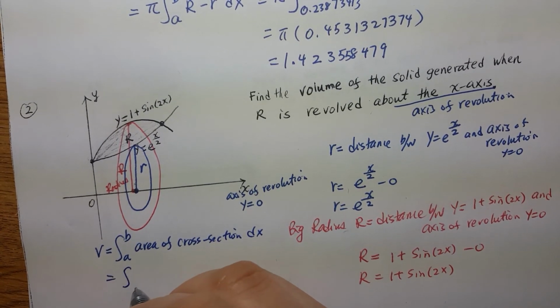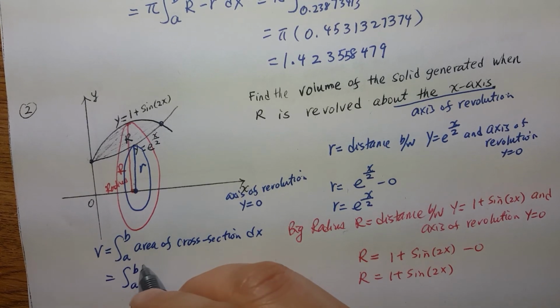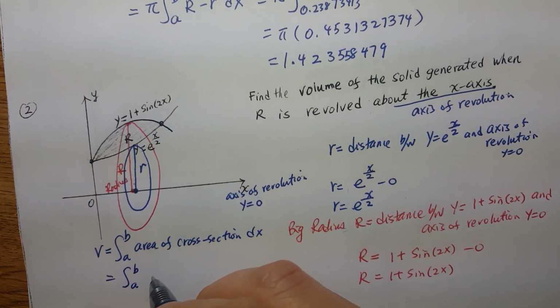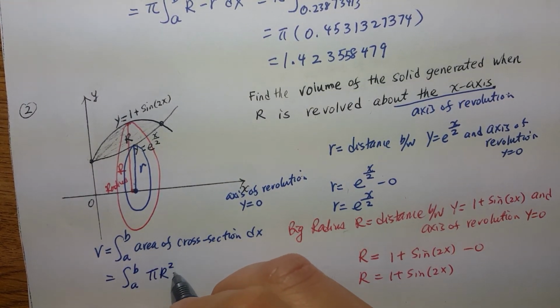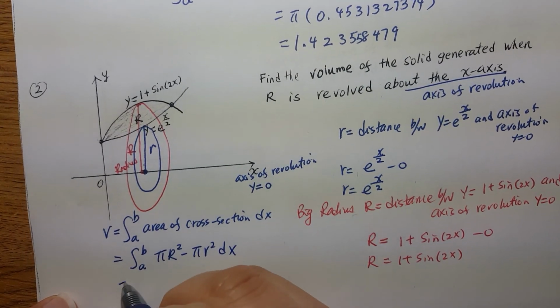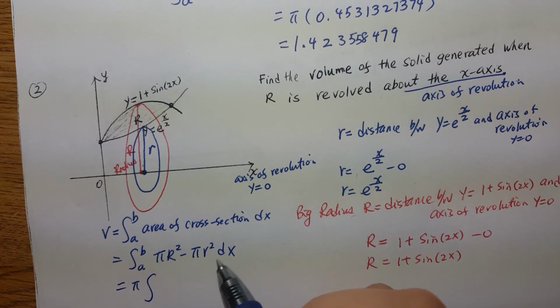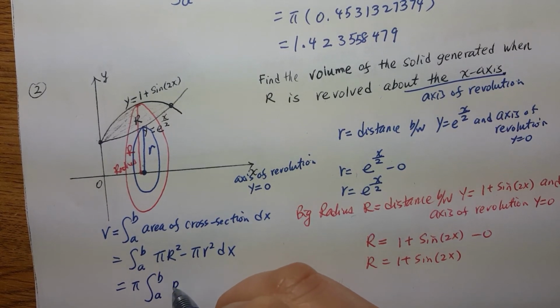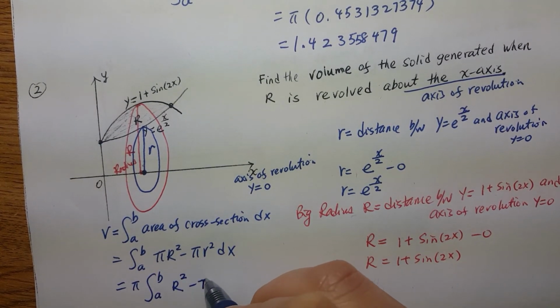We have big circle subtract small circle, so therefore pi big R squared minus pi small r squared dx. Factor out the pi. So a to b, big R squared minus small r squared.